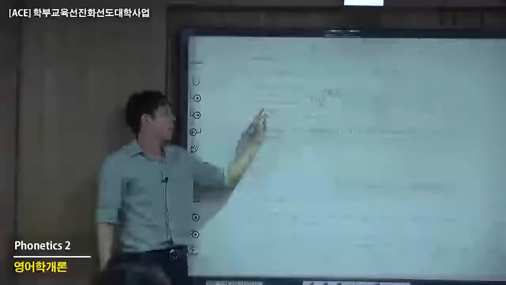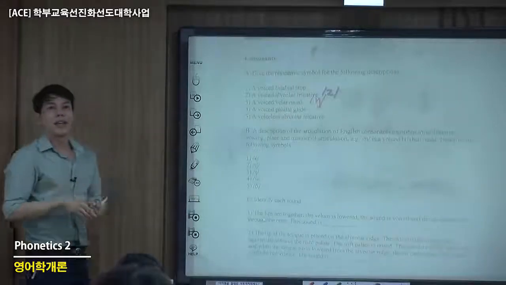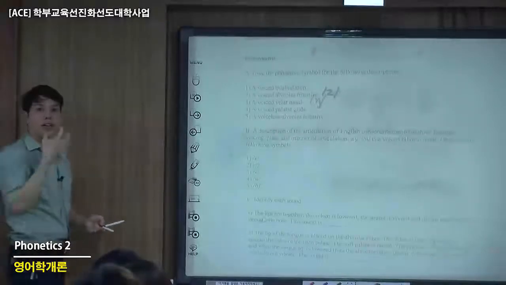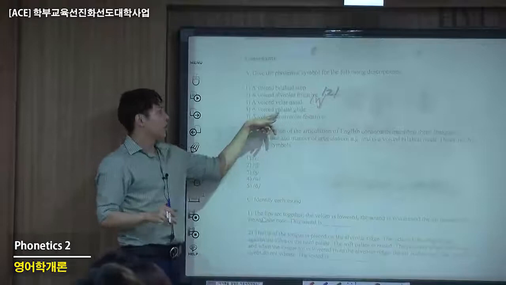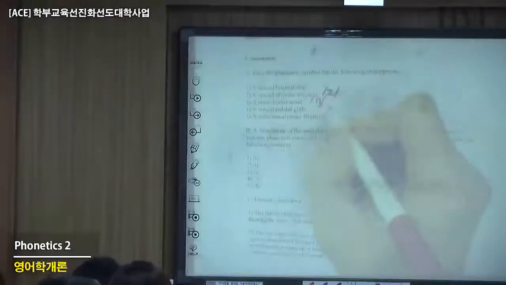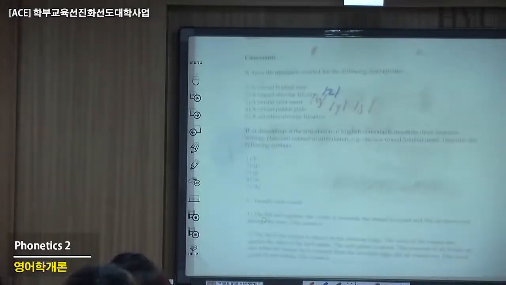Number 4, voiced palatal glide. There are only 2 glides, Y and W, right? W is the bilabial glide. So the palatal glide has to be Y, which is the Y sound, right? Some people say J, right? Same thing.